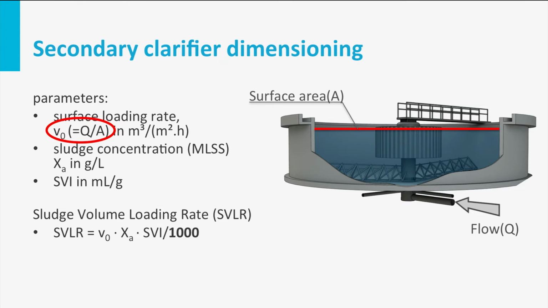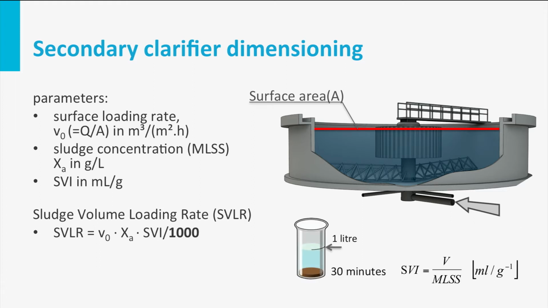The sludge volume loading rate is a guideline for the volume of sludge that can be added to a final clarifier, depending on the sludge concentration in the flow from the aeration tank and the sludge volume index or diluted sludge volume index. The sludge volume loading rate generally lies between 0.3 and 0.4 cubic meters per square meter per hour. This is an empirical value based on experiences of many full-scale installations.